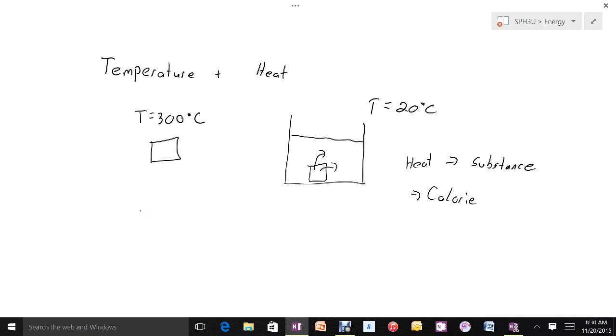What they found was that both the axle and the surrounding material got hotter at the same time. So heat couldn't have been flowing from the axle to the material, or from the material to the axle, because they were both getting hotter at the same time.